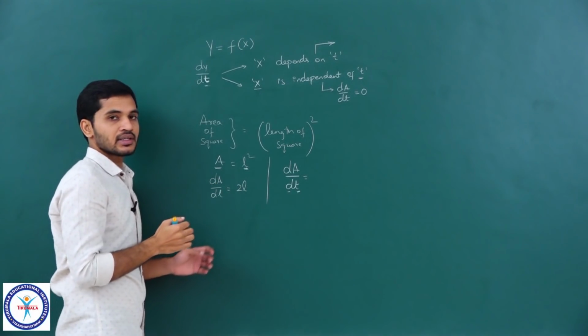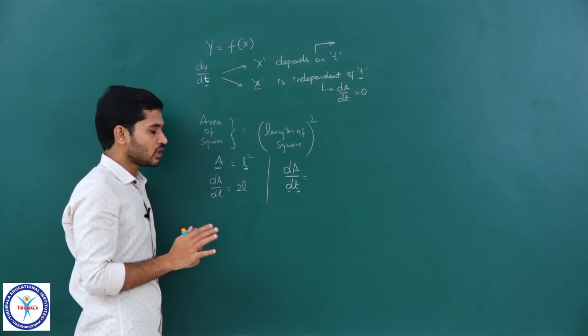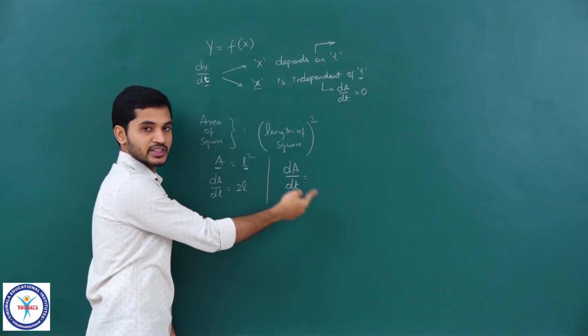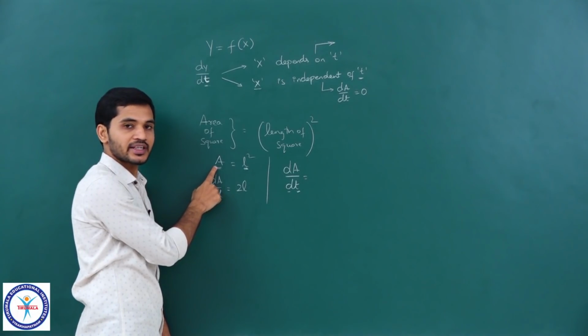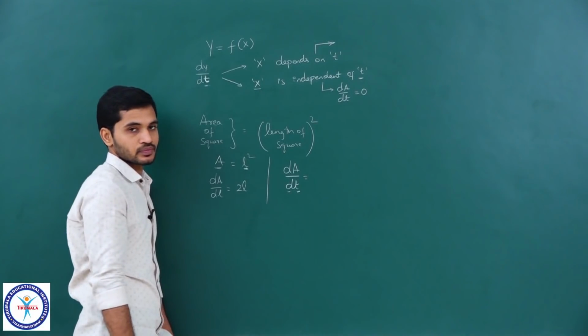If I consider that the length of the square is constant, not changing with time, can I say that because length is constant with time, area is also constant with time? So, in such a scenario, I can say dA by dt is 0.